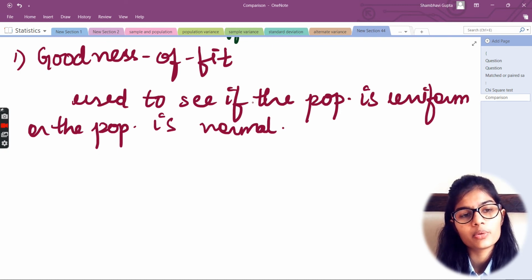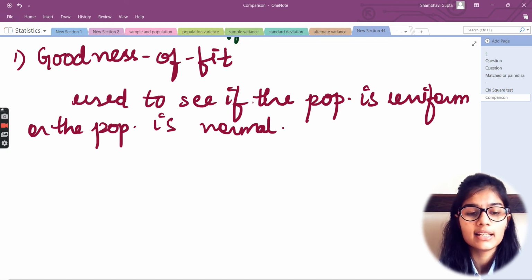Next, I have HA, my alternate hypothesis, in which case the population does not fit the given distribution. So this was the short difference between the null hypothesis and the alternate hypothesis.